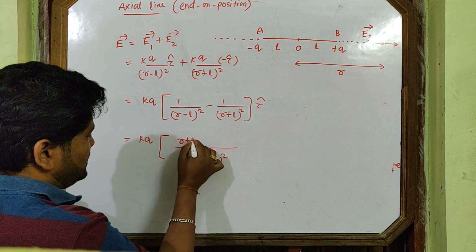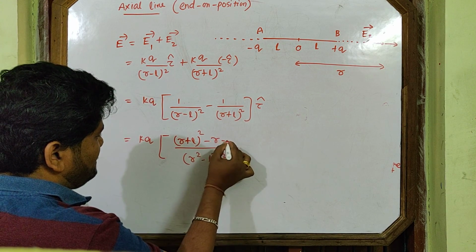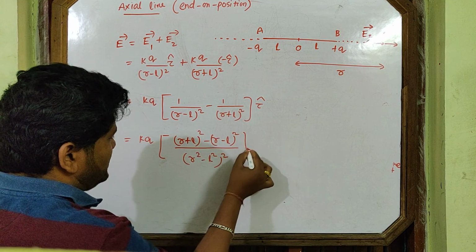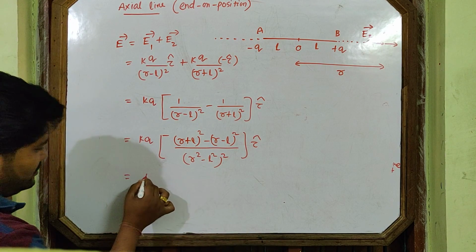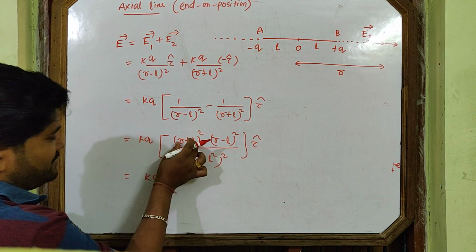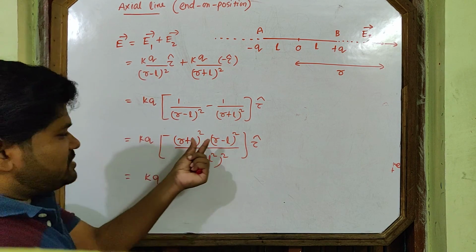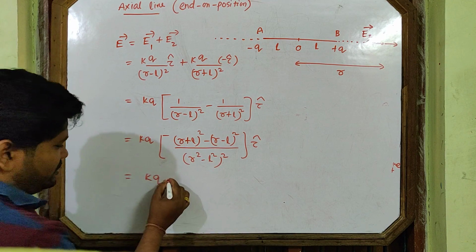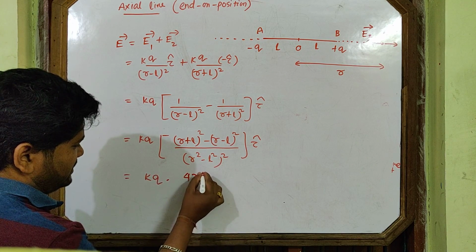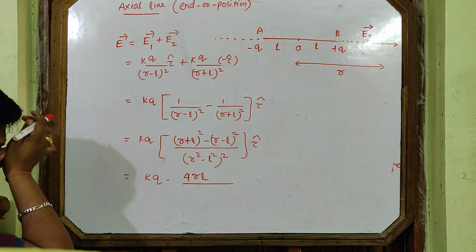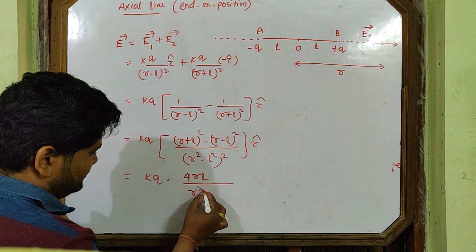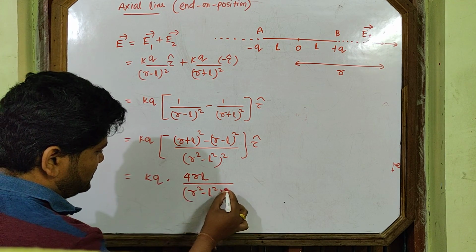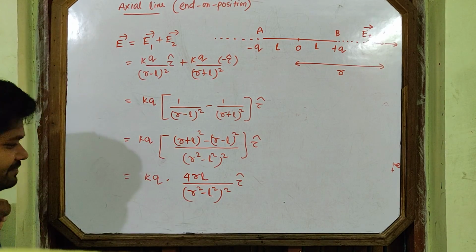Then here R plus L whole square minus R minus L whole square I cap. So what is the numerator? A plus B whole square minus A minus B whole square. If you don't know the formula, you can open it, but I know you already know this formula, 4AB. So this is 4RL over R square minus L square whole square I cap.